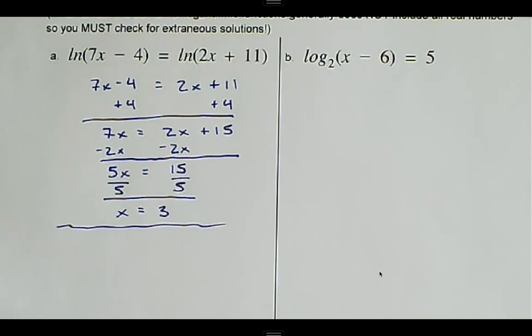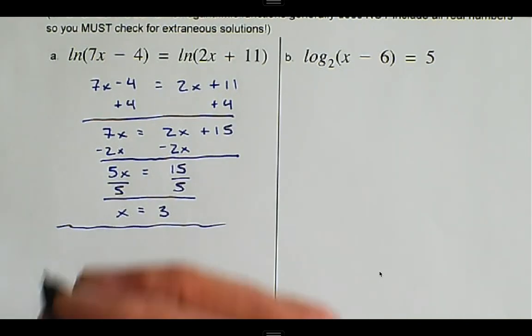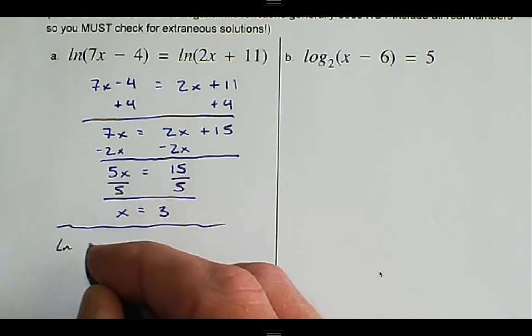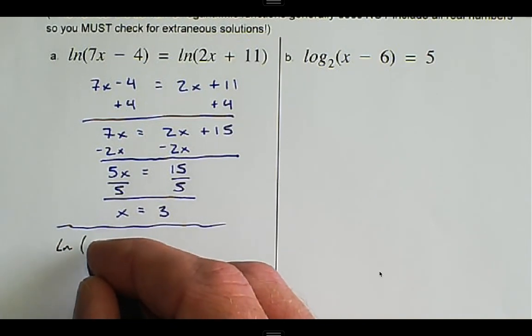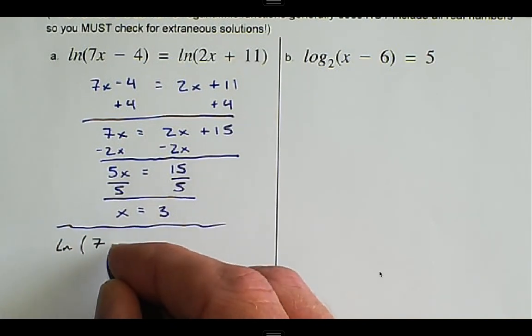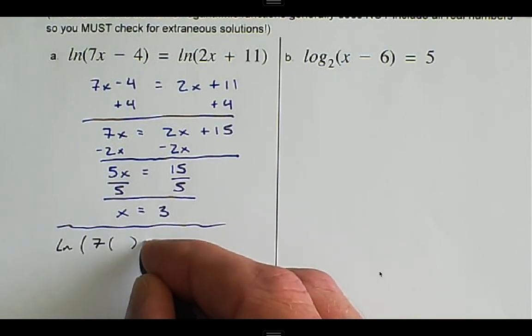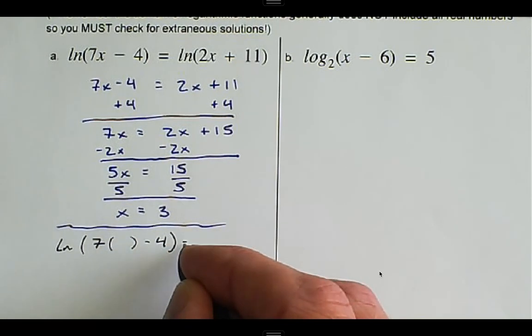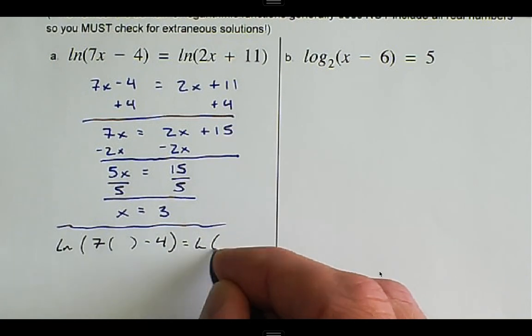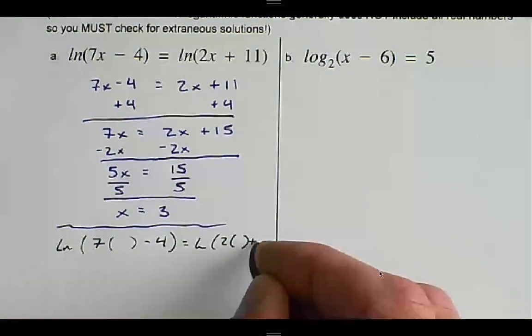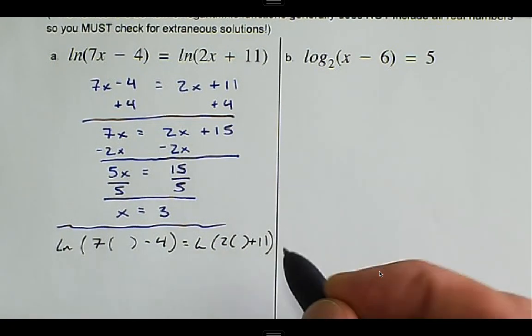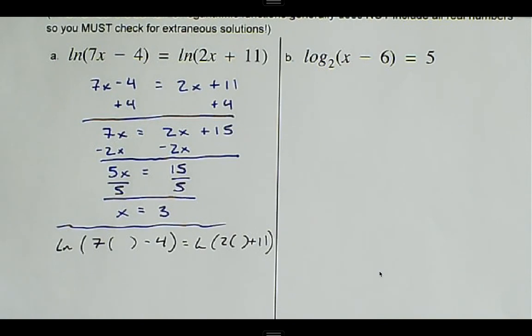We decided that x is equal to 3, and we have the natural log of 7x minus 4 and the natural log of 2x plus 11, and so we want to check this.